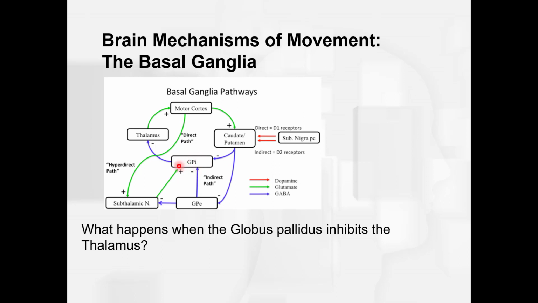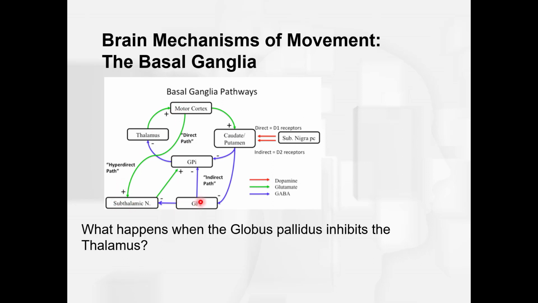Now the globus pallidus also contains GABA-producing neurons, and it has axons that project to the thalamus. So when the globus pallidus fires action potentials, it inhibits the thalamus. The thalamus, on the other hand, contains glutamate-producing neurons, which are excitatory. So when the thalamus sends action potentials and releases glutamate in the motor cortex, it stimulates those motor cortex neurons to initiate a movement.